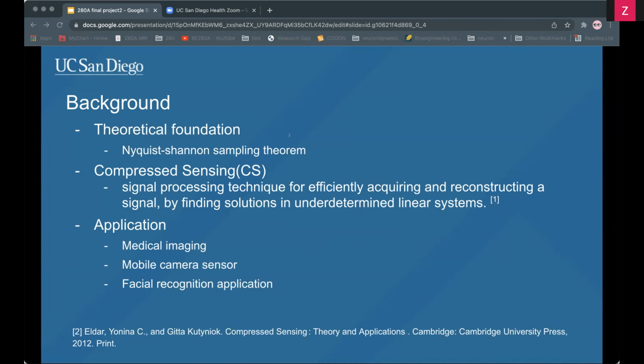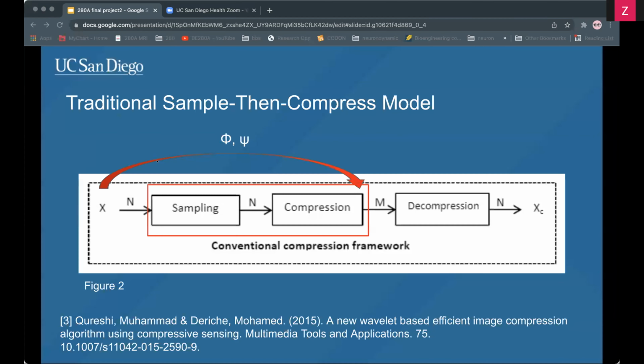In other words, compressed sensing theory permits linear projection of a high dimensional signal into a lower dimension, and later allows recovery of the signal from the projections. Applications include medical imaging, mobile camera sensors, and facial recognition.